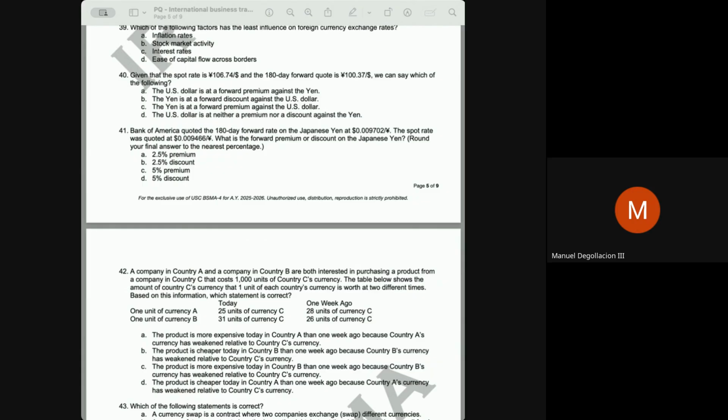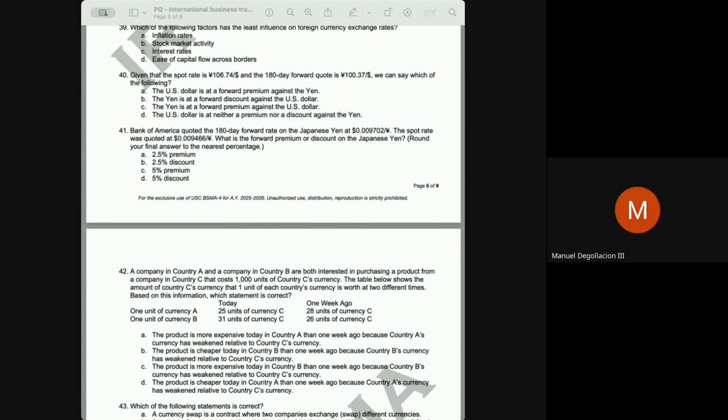just to get a yen. So currently, the Japanese yen is at a premium because its value will strengthen down the road, as evidenced by the exchange rate.